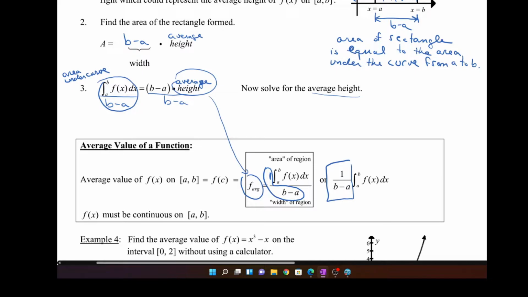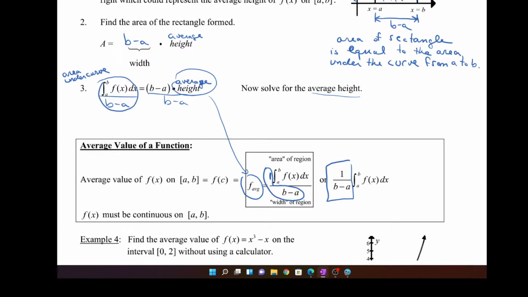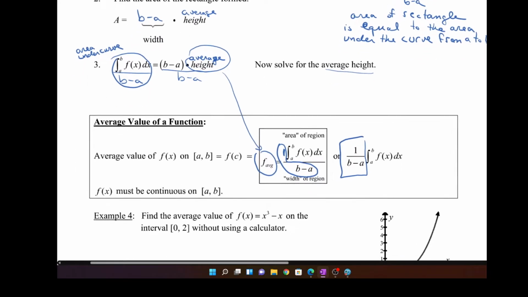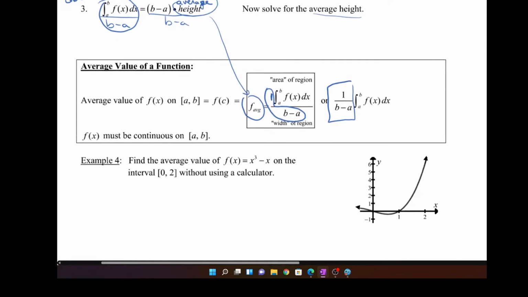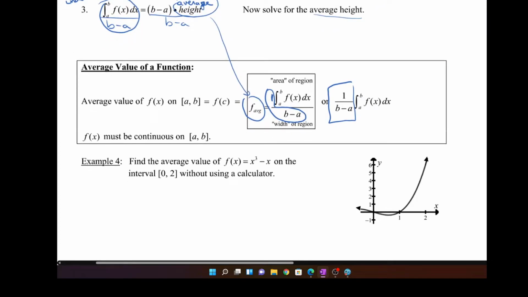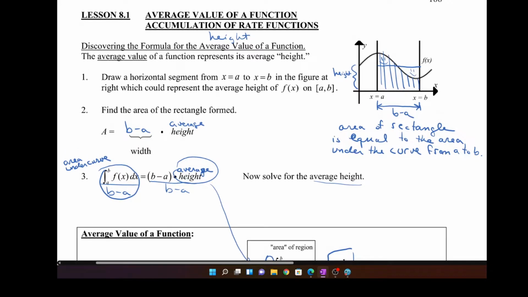And we've got that 1 over B minus A there to calculate my average. And if you think about it, what we're actually doing here is the difference from B to A. Again, if I had a 10 over here and a 3 over here, it would be 7.